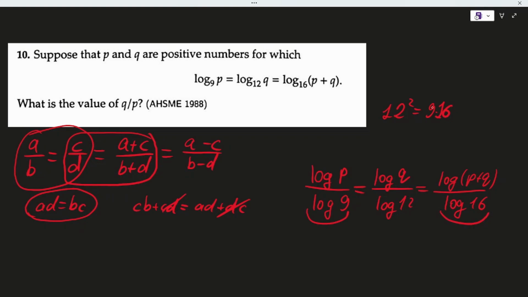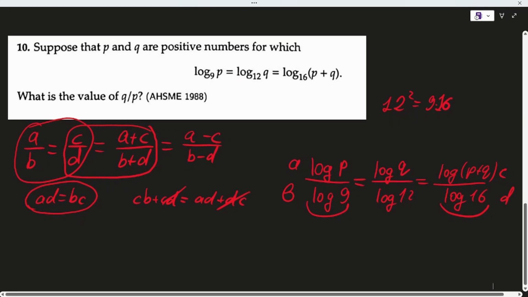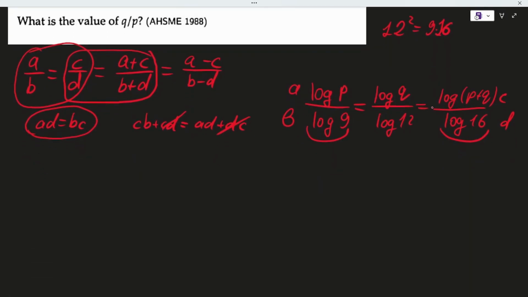And once we guess this, sometimes if we are able to somehow add these two equations to each other, we can imagine this is A, this is B, this is C, and this is D. And if we use Mirza's lemma, we will get log p plus log of p plus q divided by log 9 plus log 16.